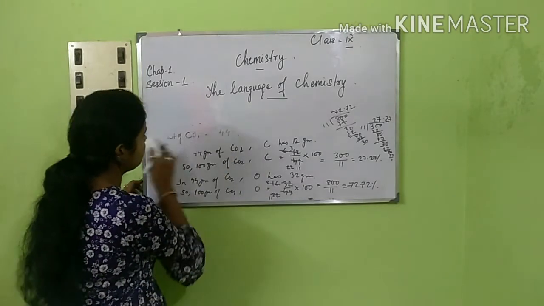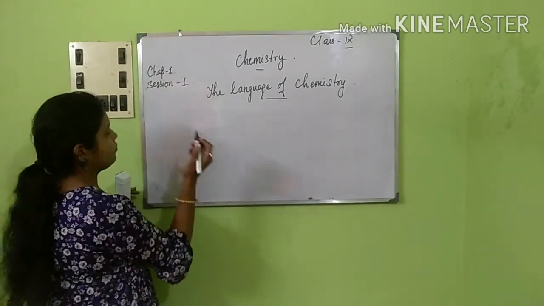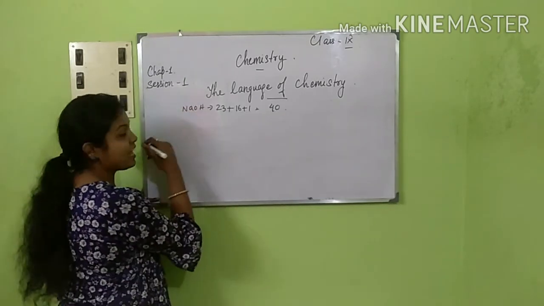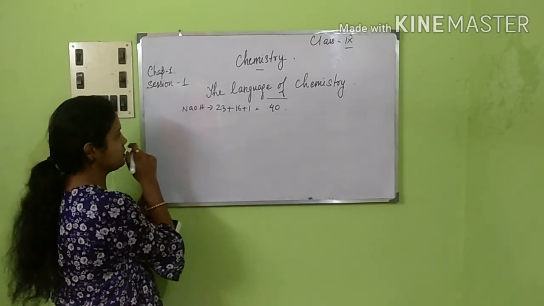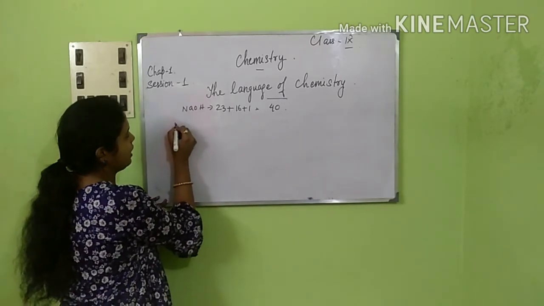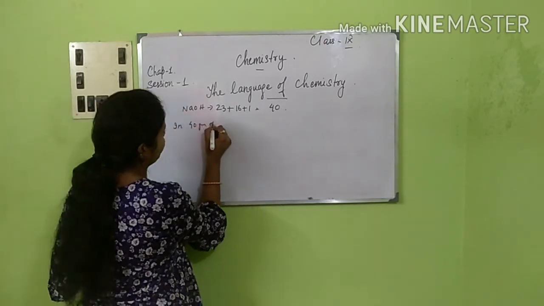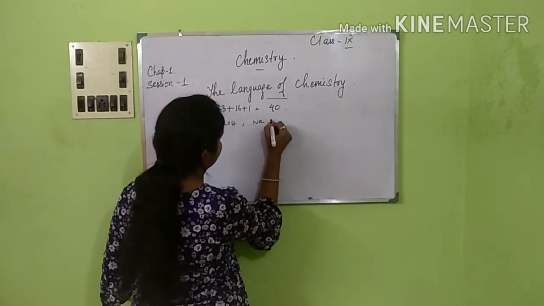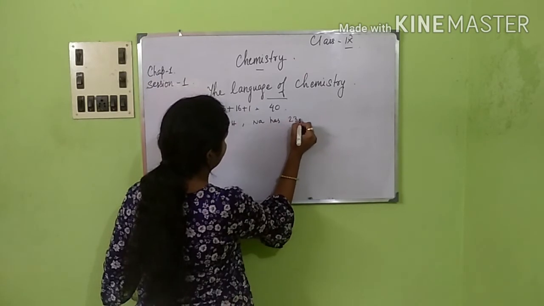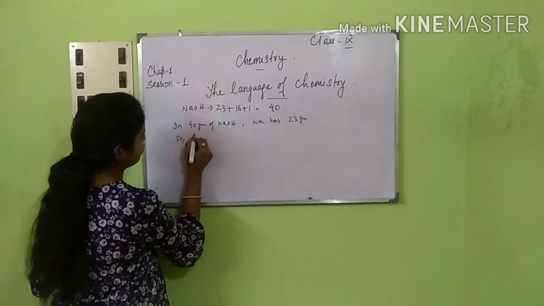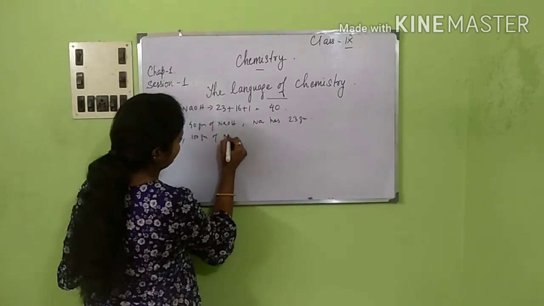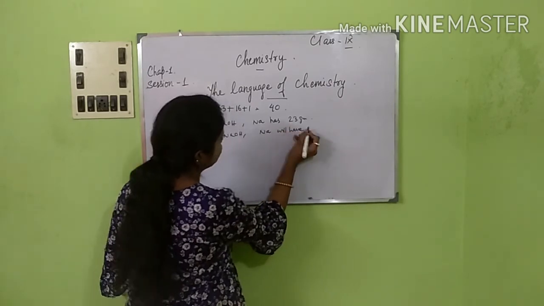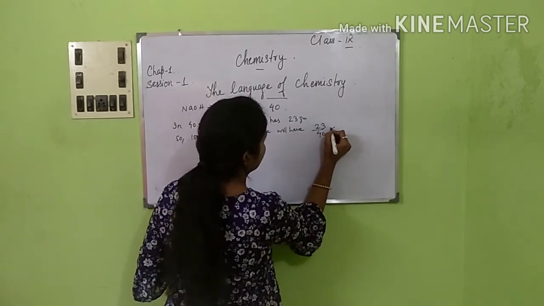We'll take another example for you to get clear with it. This time let's calculate for NaOH, right? So for NaOH, calculating the composition percentage of each of the elements. So we have in 40 gram of NaOH, Na has 23 grams. So 100 gram of NaOH will have sodium percentage 23 by 40 into 100.